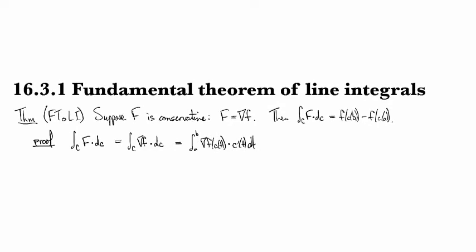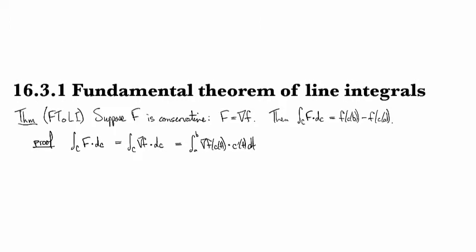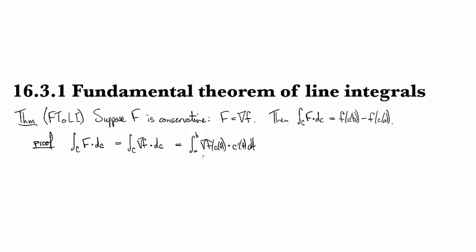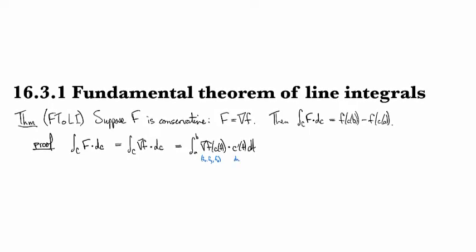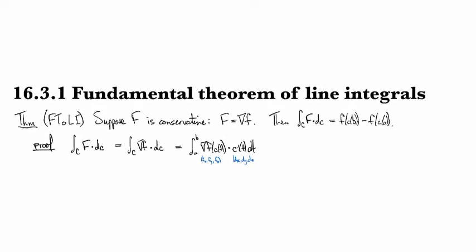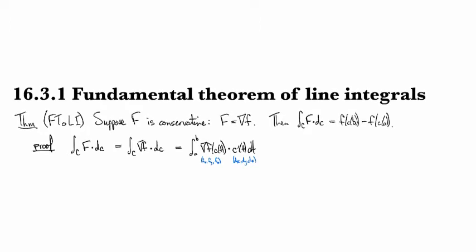Okay, and then if I write out the components for this, my gradient function here is going to be the partial with respect to x, partial with respect to y, partial with respect to z for this part right here. And over here I'm going to have dx, dy, dz, all as functions of t, because we're doing it with parameters.